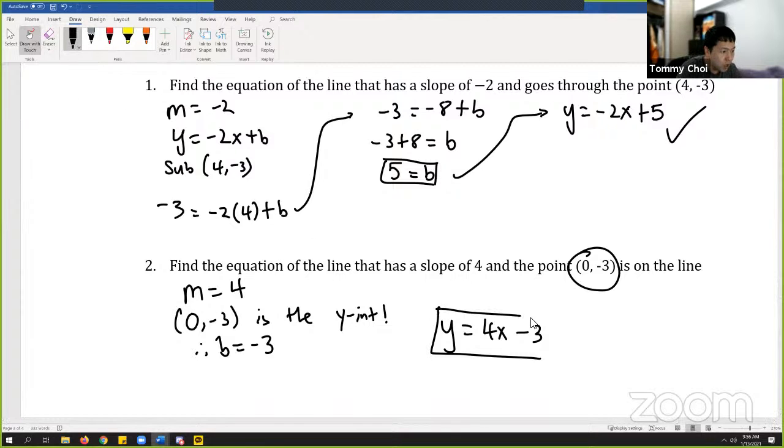And you're done. Remember, sometimes I give you the y-intercept. And you have to realize that. Like, oh, Mr. Choi gave us the y-intercept. That means I can just say b is -3 and then end the question. Exactly. Do that. Nothing stops you from doing that.